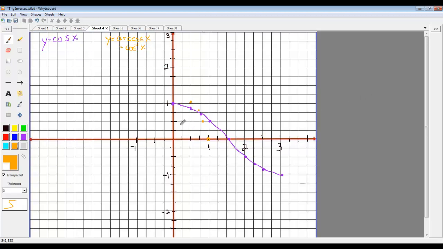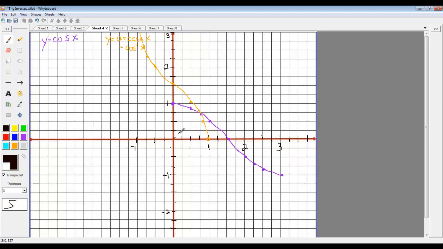A 0, comma 1.57. -0.5 and a 2.09. -0.71 and a 2.36. A -0.87 and a 2.62. -1 and a 3.14, so it's up there. But you guys can see, get the idea. Okay, so there's the inverse of that one.